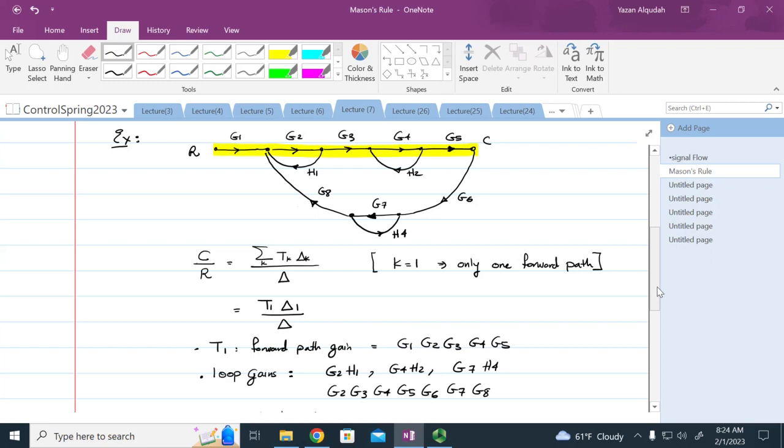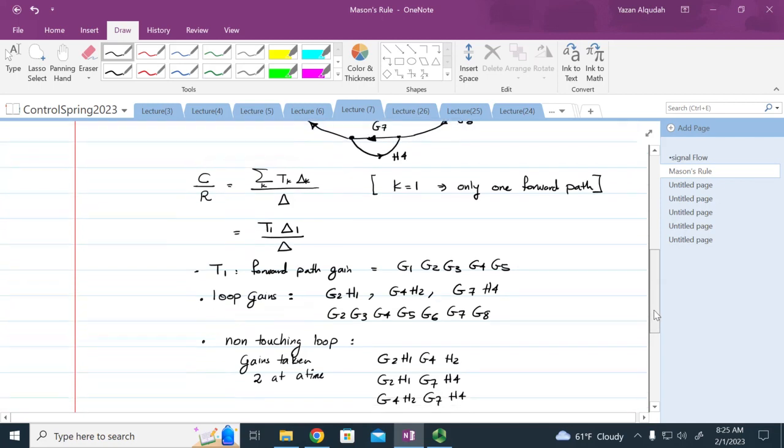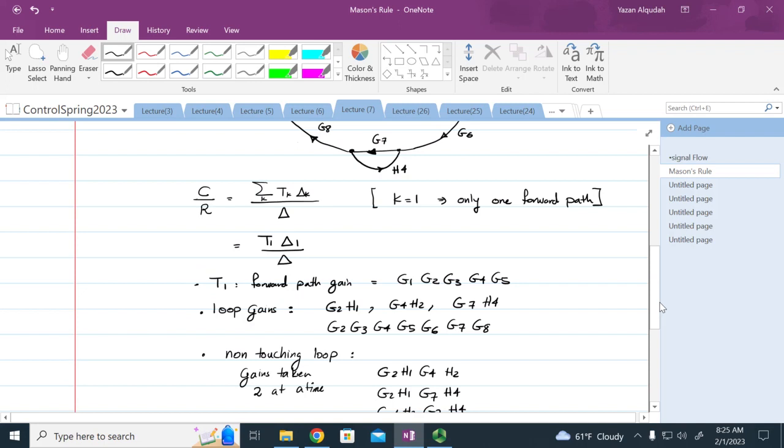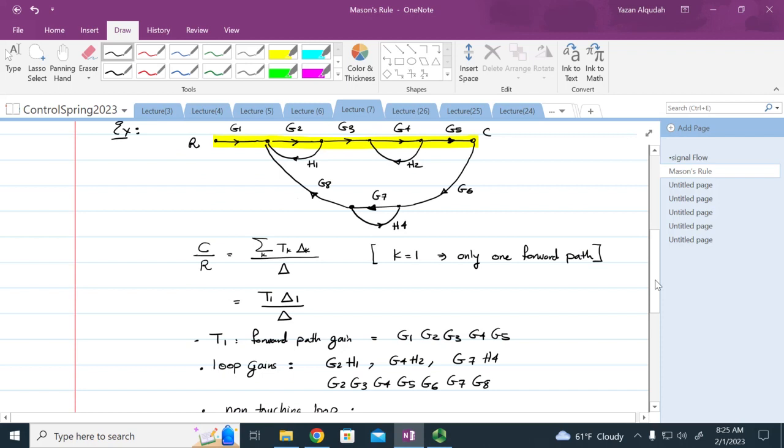And then we have this loop not touching this loop, and this loop not touching this loop. See it? The three of them? So we have G2, H1 with G4, H2. We have G2, H1 with G7, H4. And we have G4, H2 with G7, H4. Is that clear? Everybody? Three pairs: this with this, this with this, this with this.